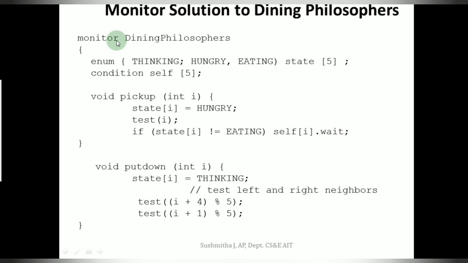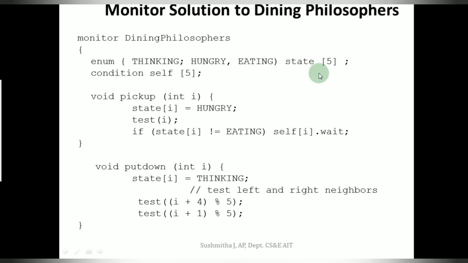There are three states that a philosopher can be: thinking, hungry, or eating. And this state is nothing but an enumeration variable. The state is a variable and it is an enumeration variable. Here 5 is nothing but the 5 philosophers that we are talking about.